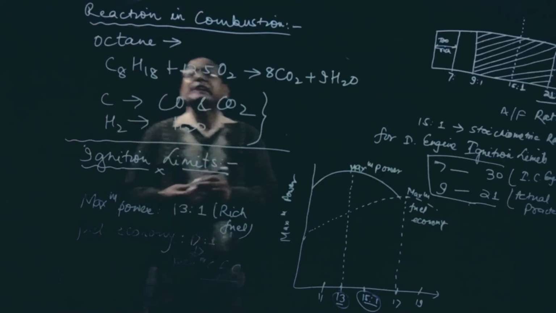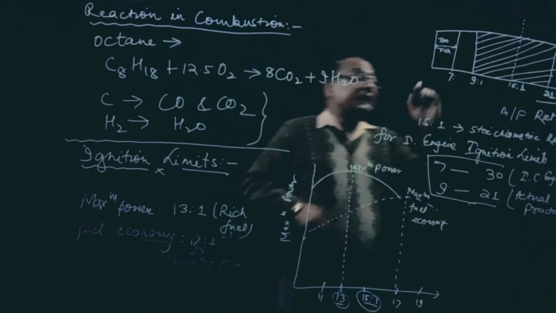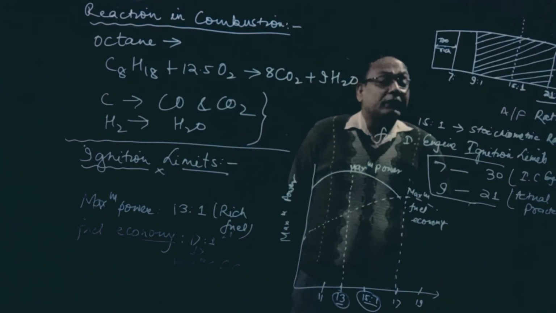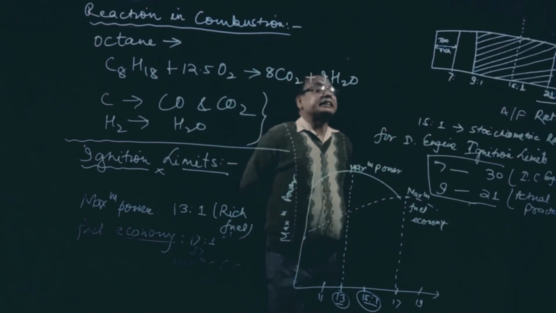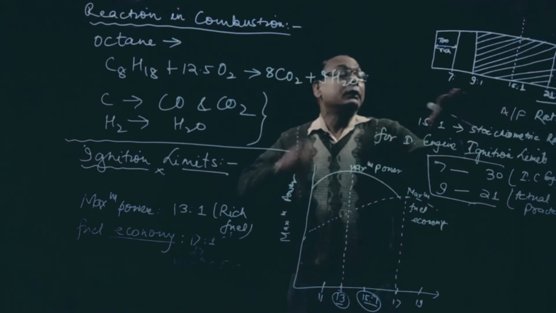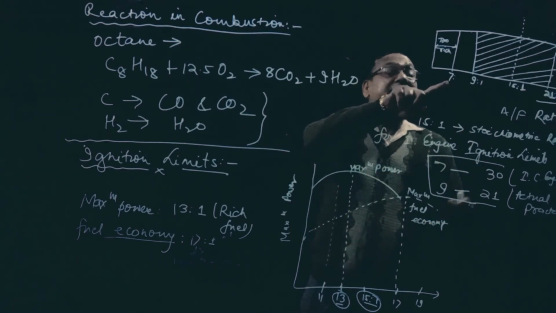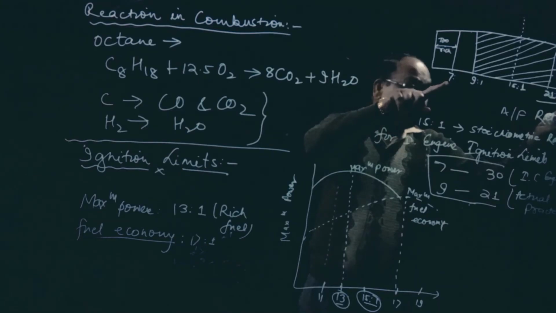So ignition limit means there are so many ratios. Best is 15:1 because it is the chemically correct ratio, but it is not easily achievable. So fuel can be ignited in an IC engine from 7 to 30, but remember this is theoretical only.